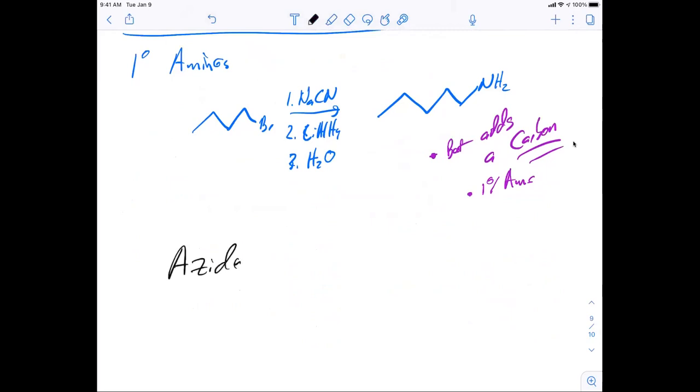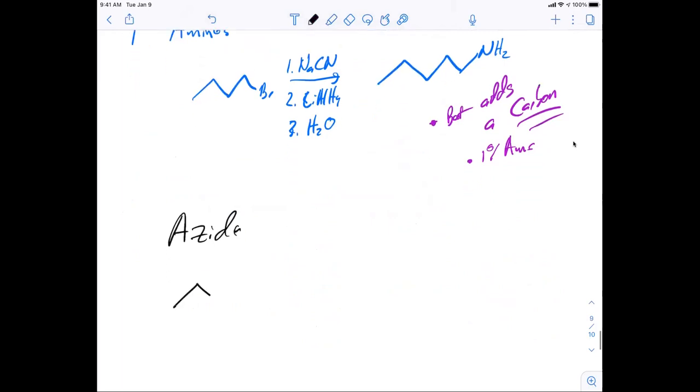One that'll add a nitrogen as a primary, but won't add a carbon is the azide synthesis. Probably haven't seen azide since last semester. You may have wondered why we had this funny N3 compound, right?